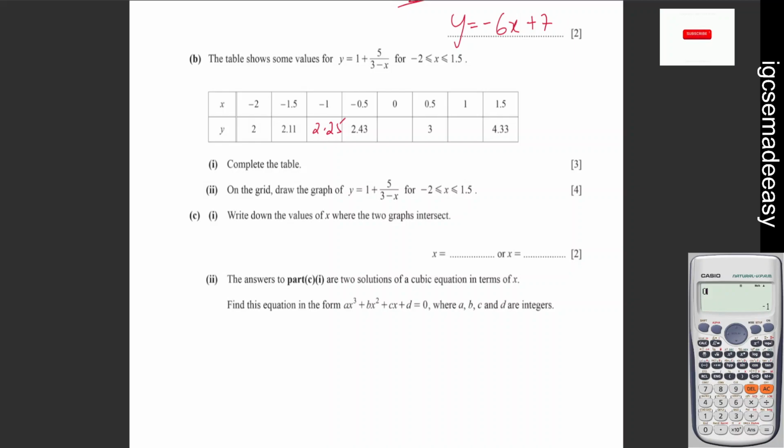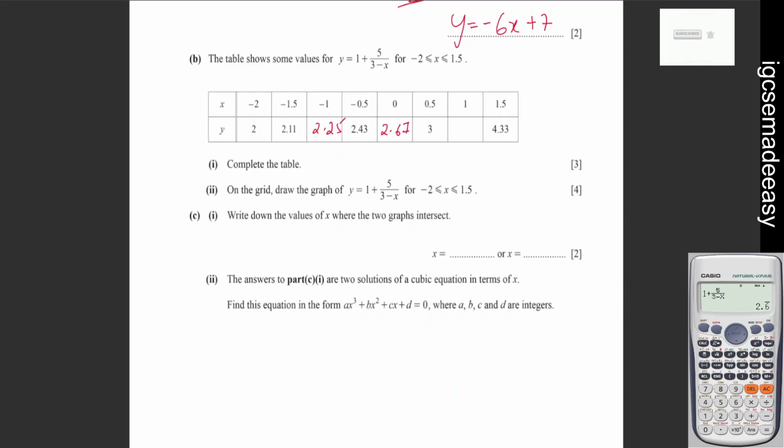I'll press 0 and press equal to. It gives me 2.6, with the 6 repeated, so I can write 2.67, right?